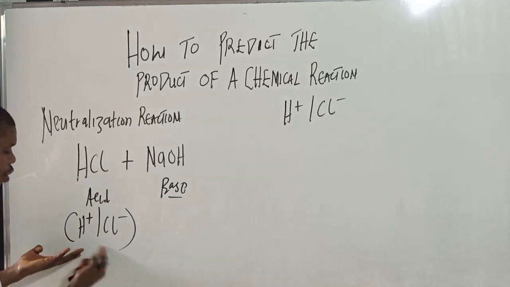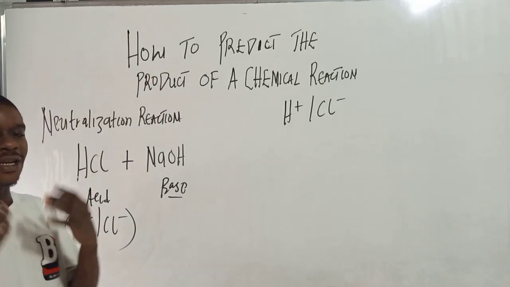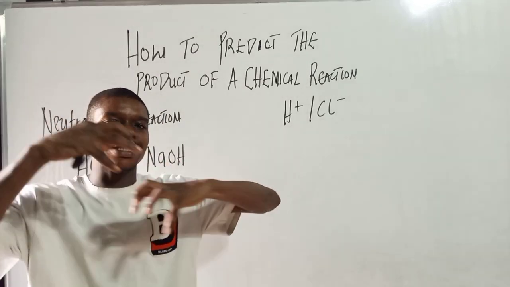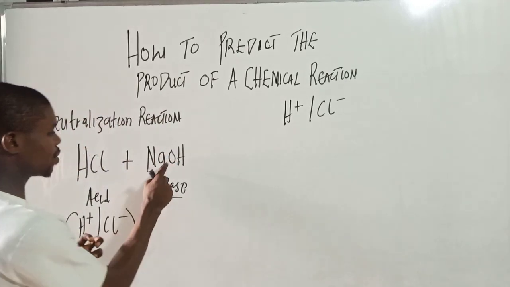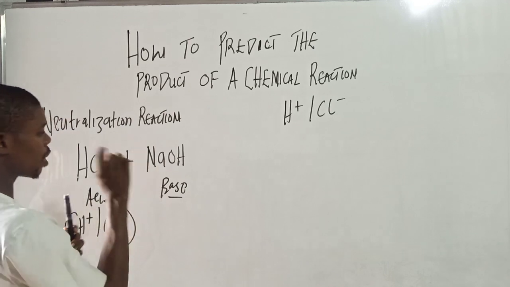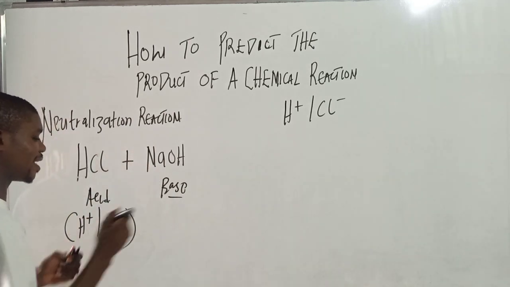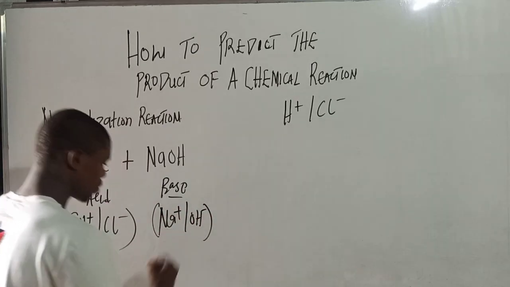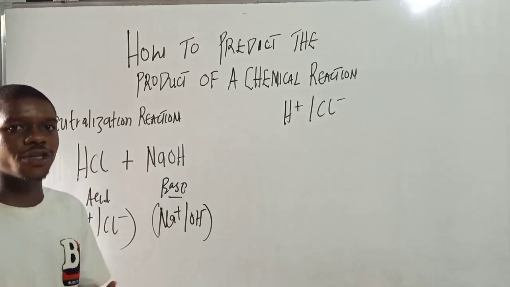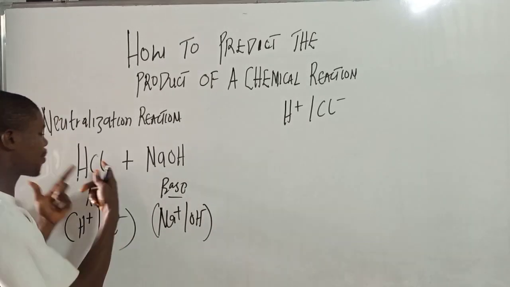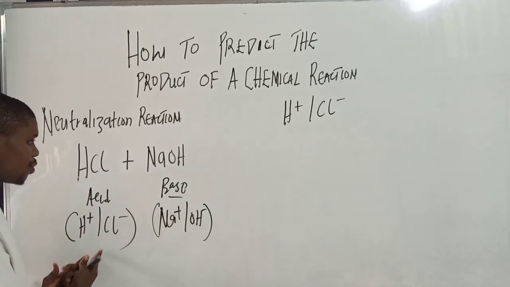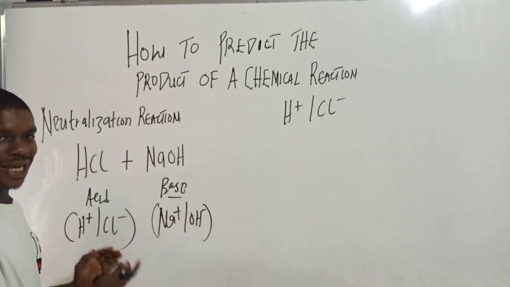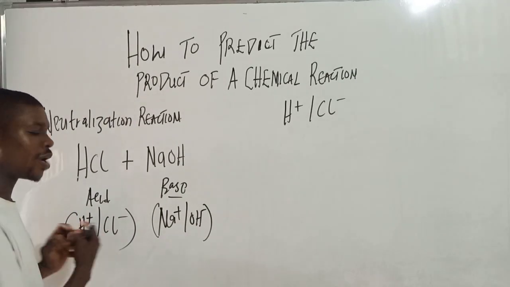The first thing you want to do is write out the ions that make up the acid and the base. For NaOH, the ions that make up sodium hydroxide are Na plus and OH minus. So the first thing is to break the acid and the base into their various ions, each with a positive or negative charge, as cations or anions.